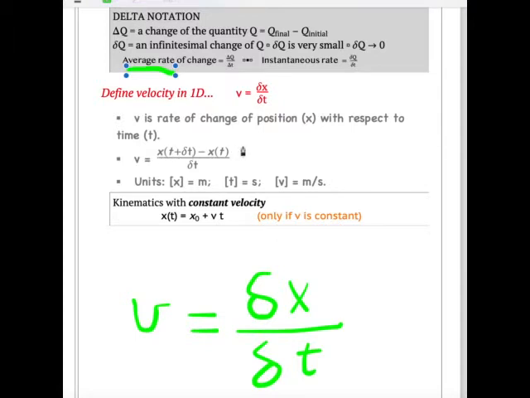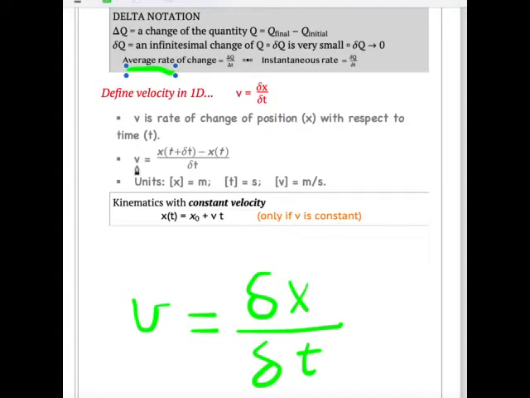The change in x is x of t plus delta t minus x of t. Now we divide that by the change in time, the time interval delta t. This small change in x divided by the small change in time gives me the instantaneous velocity v.